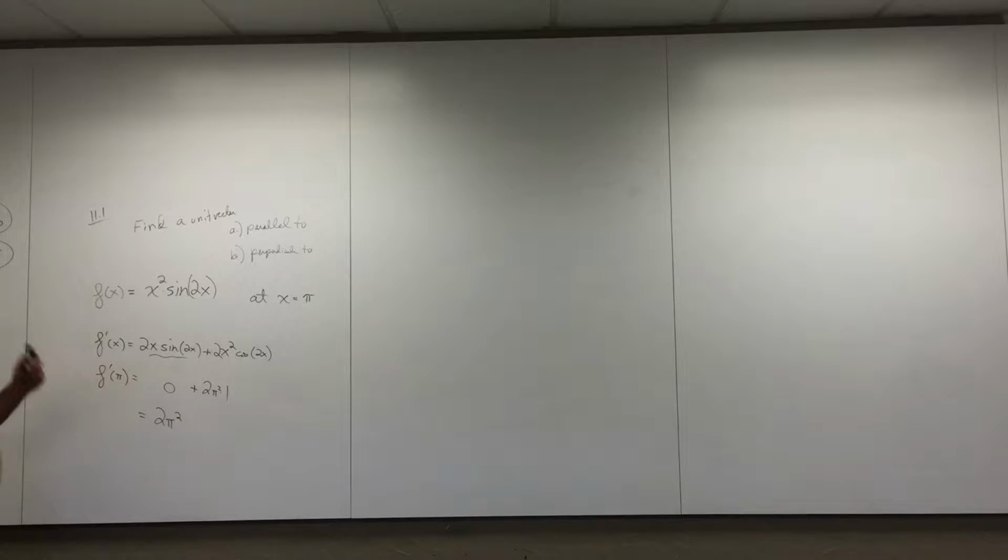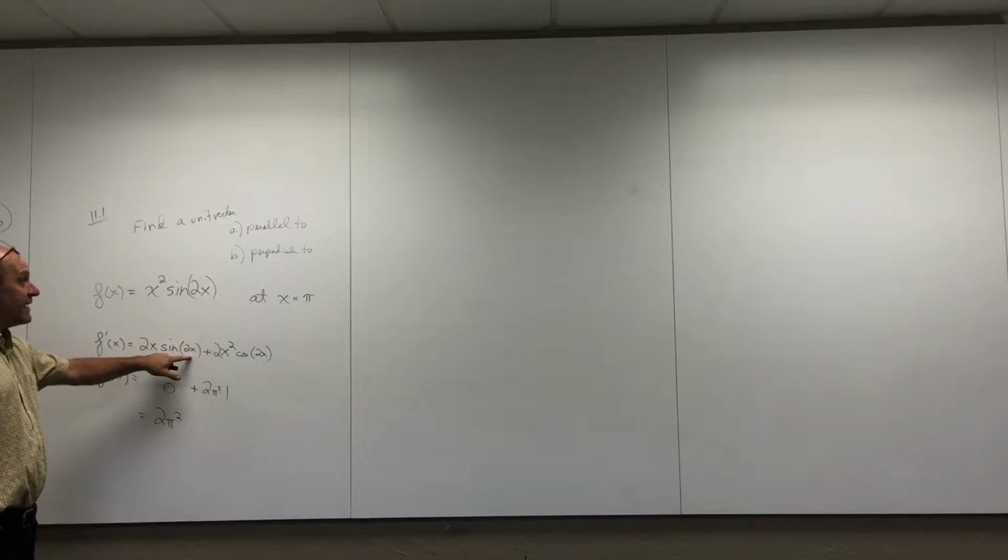Yes, sir? My calculator gave me a weird answer. I take it 2 pi is 360 degrees, and my calculator's in the wrong mode. Perhaps, right. If you're asking your calculator for the sine of 2 pi and you're in degree mode, you'll get some weird answers.